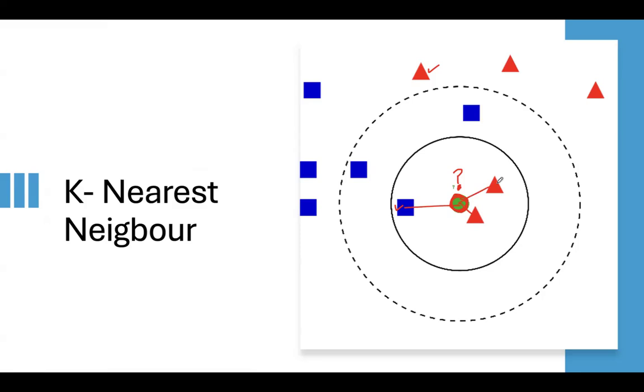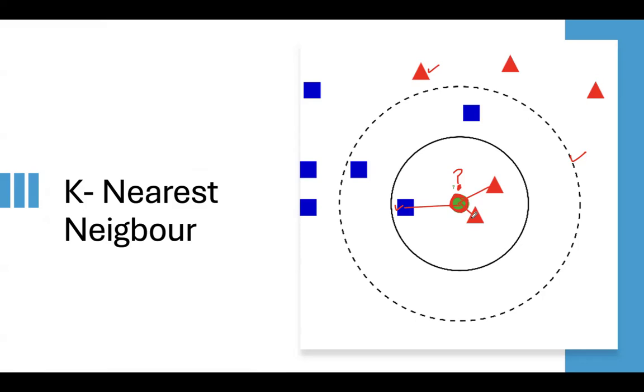So the majority belongs to triangles. Therefore, I'll say that this new point is actually a triangle. I'll label it as a triangle because I am taking 3 nearest points. Now, if I choose 5 nearest points, then this outer circle that you will actually see encompasses 5.